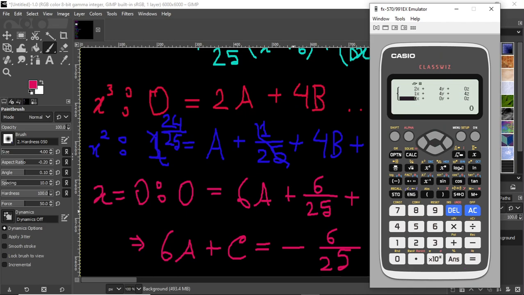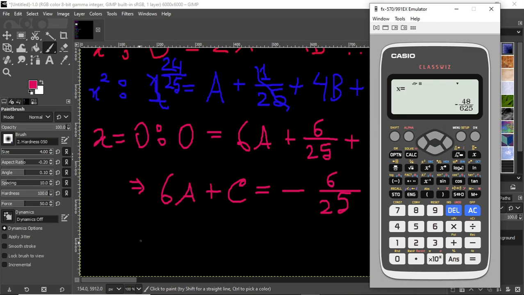Yeah. Lastly, 6, 0, the coefficient of b is 0 in the third equation. C, that's 1, and negative 6 over 25, oops, not 5, 25. So this gives us a equals minus 48 by 625.